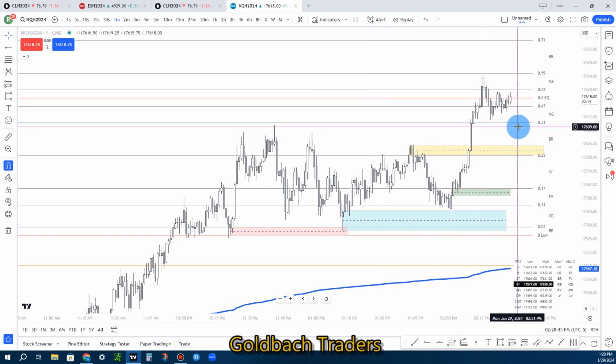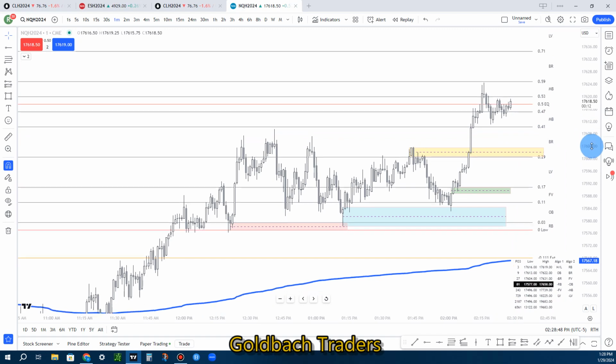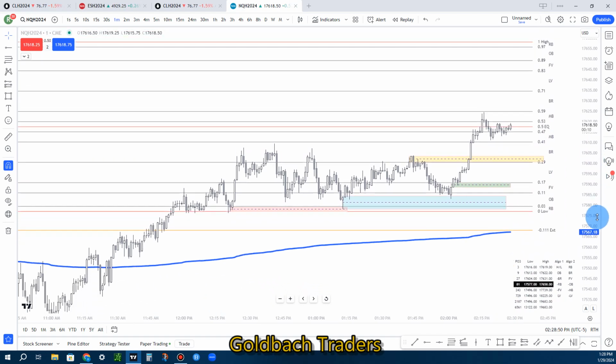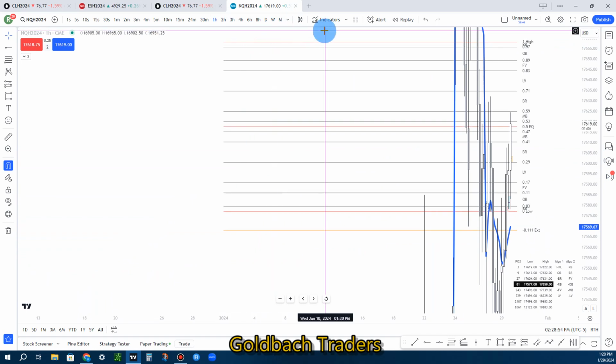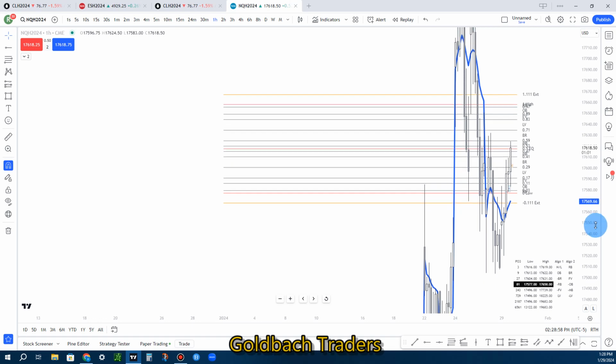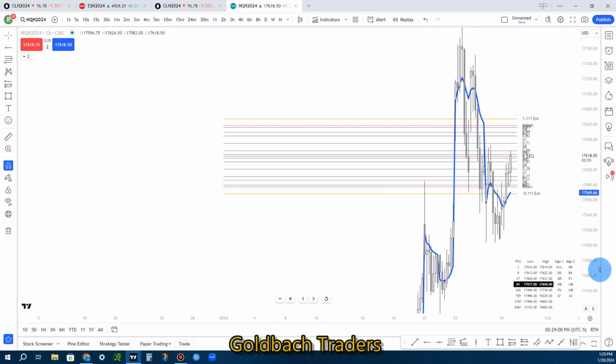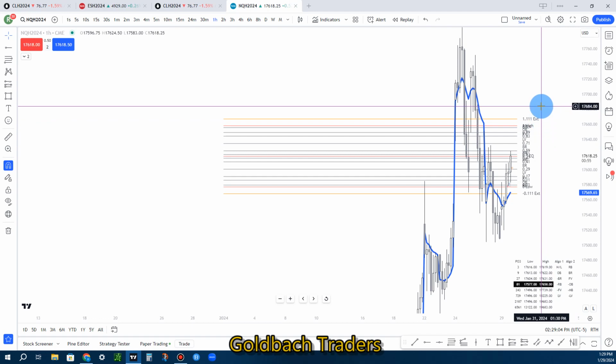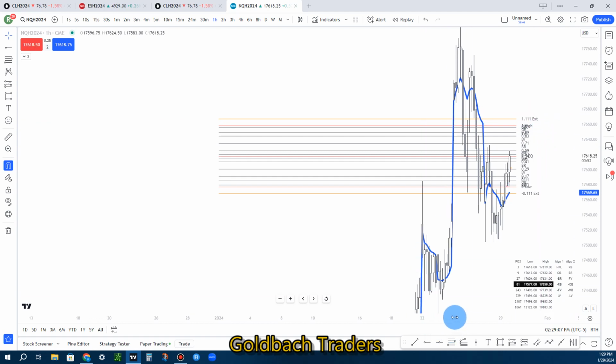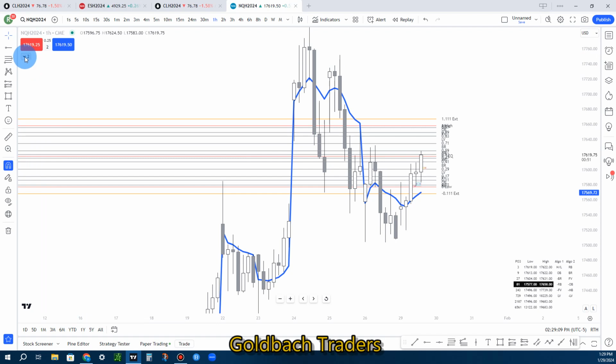Anyway, now I'm watching, and this is what I think moving forward. I'm going to go to a 1 hour and look at where I think price could go. Let me take this VWAP off of here so that you can see it better.